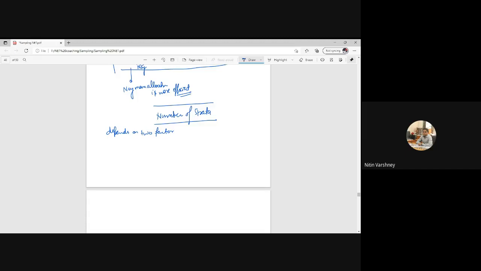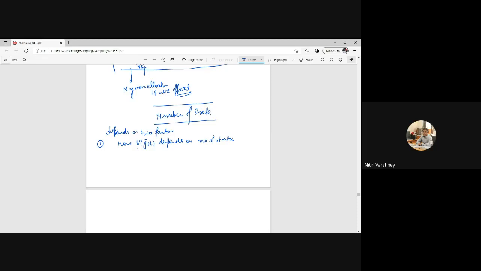The first one is how the variance of y bar st depends on the number of strata.